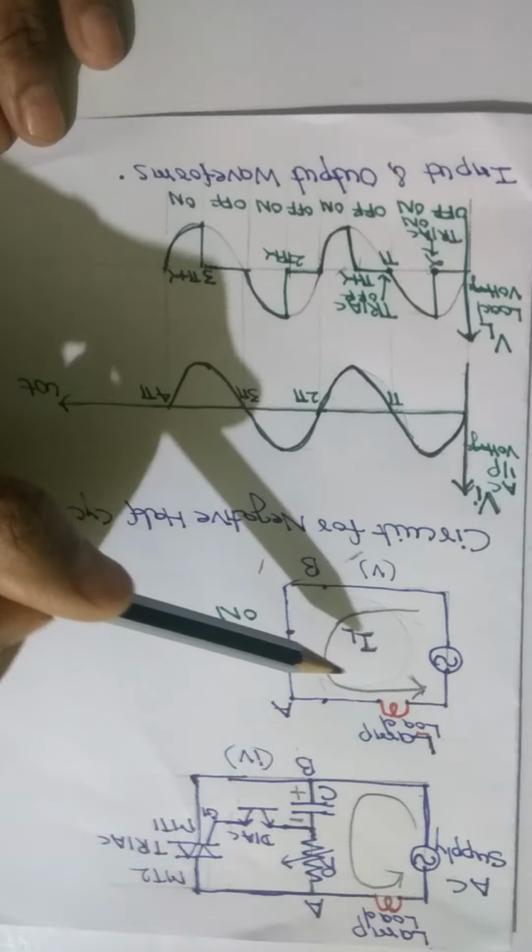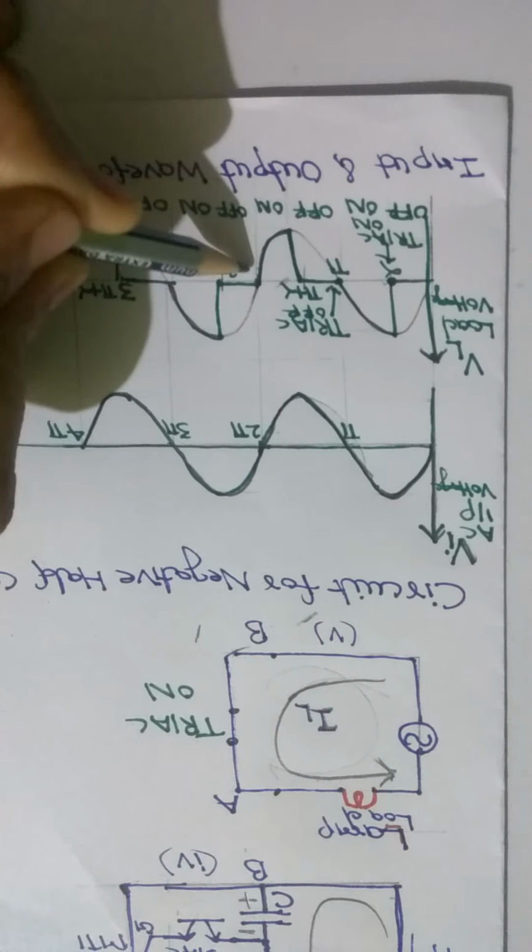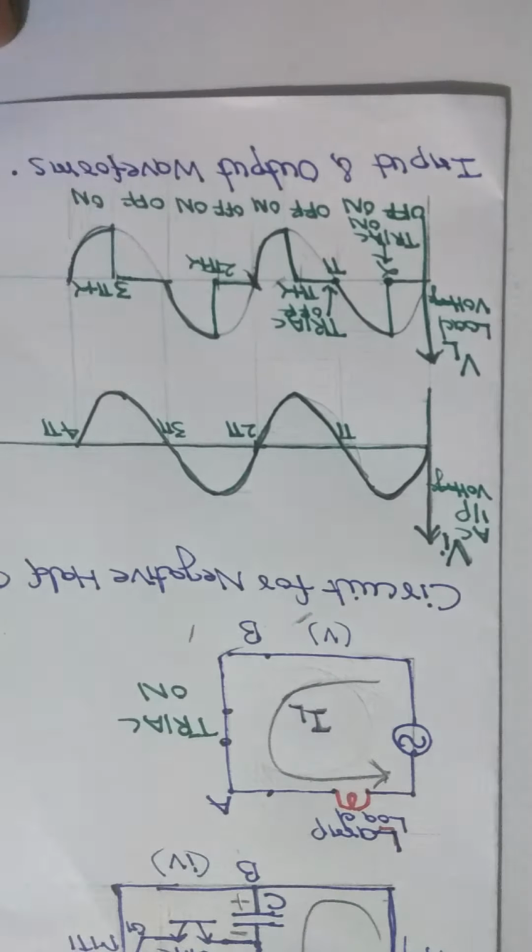From pi plus alpha to 2 pi, the triac is on, but at the instant 2 pi the triac is off, and this process is repeated.